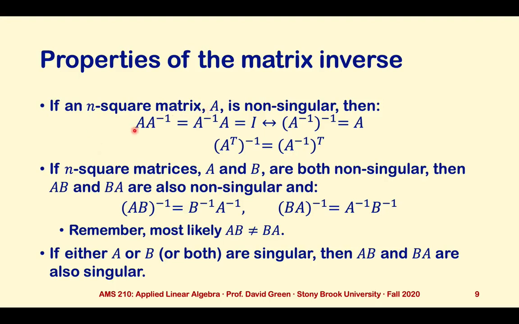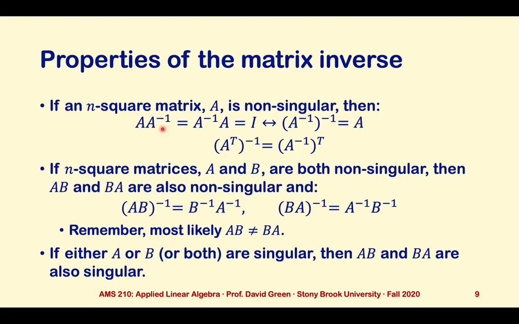First of all, A times A inverse does equal A inverse times A. They both equal, and both products, of course, equal the identity matrix. This question of does the multiplication of A with A inverse commute? It does. This is actually an equivalent statement as saying that the inverse of the inverse of A gives us back our original matrix A.